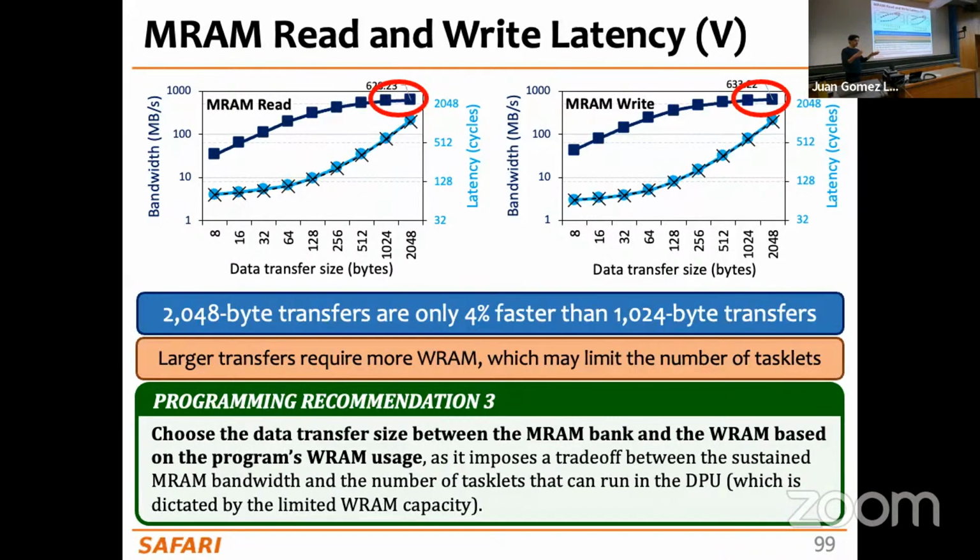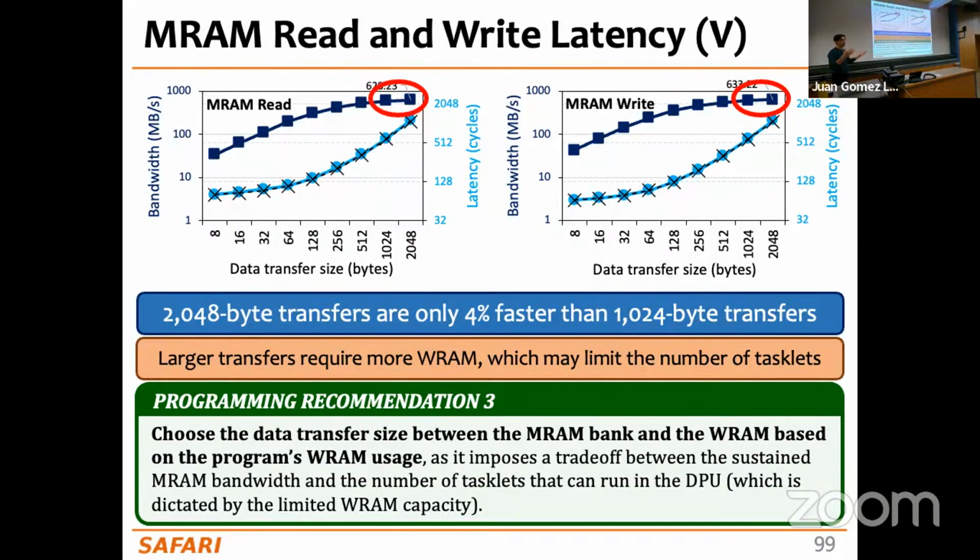The size of the buffer that we allocate relates to the size of the transfer. Of course, if we want to transfer chunks of 1024 bytes, we will need to allocate 1024 bytes in WRAM. Or if we want to transfer 2048, we will have to allocate 2048 in WRAM. But if you allocate more WRAM, you are consuming more WRAM.